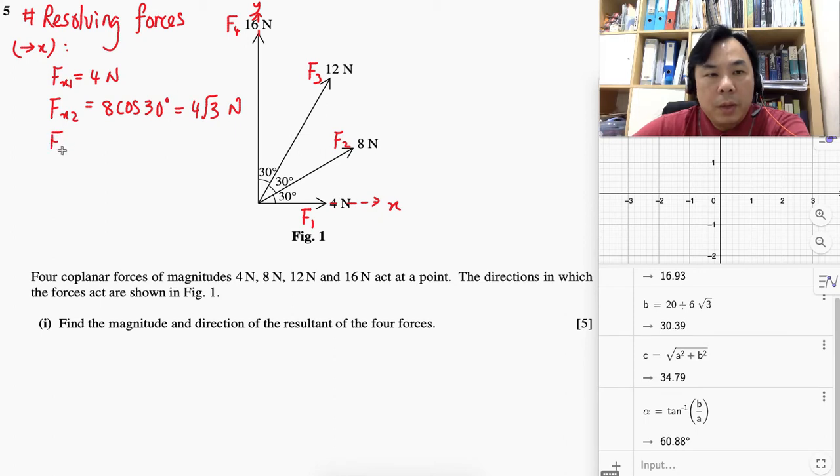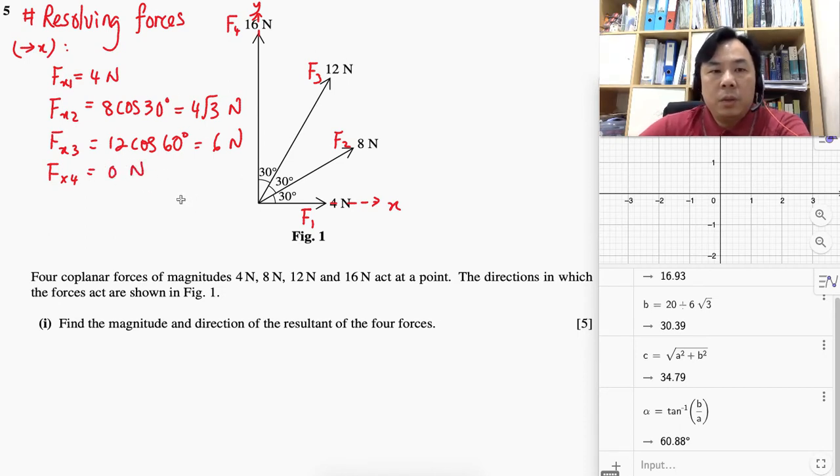Then we can repeat that for the third force, which is 12 cos 60, so that will be 6 Newton. Finally we have x4, which is very simple, it's just 0 Newton because there is no x component for that.